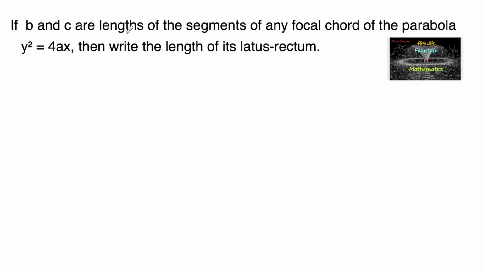If b and c are the lengths of the segments of any focal chord of the parabola y square is equal to 4ax, then write the length of its latus rectum. So let us take the diagram. y square is equal to 4ax, a standard form of the parabola.